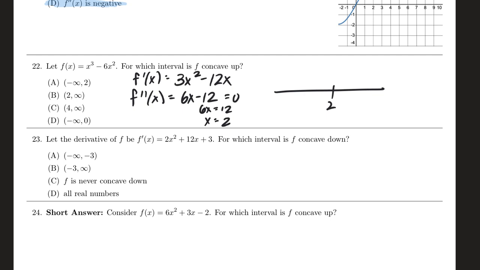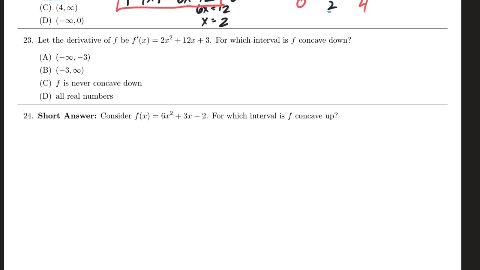A test point to the left of 2 could be 0, to the right of 2 could be 4. Again, we're plugging into our second derivative because we want to know if that is positive or negative, since it tells us concavity. If I plug in 0, I get negative 12, which is negative. If we plug in 4, I get 24 minus 12, which is positive. I want to be concave up, meaning my second derivative is positive, and that happens from 2 and then on forever after that. So 2 to infinity is the correct answer.